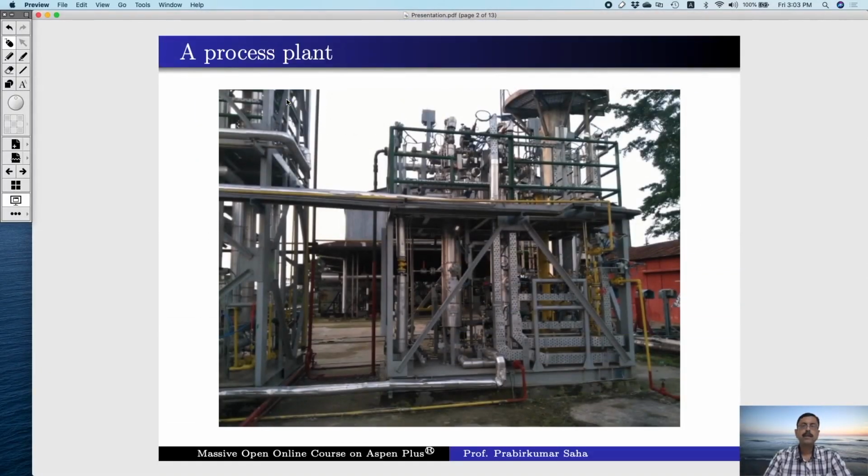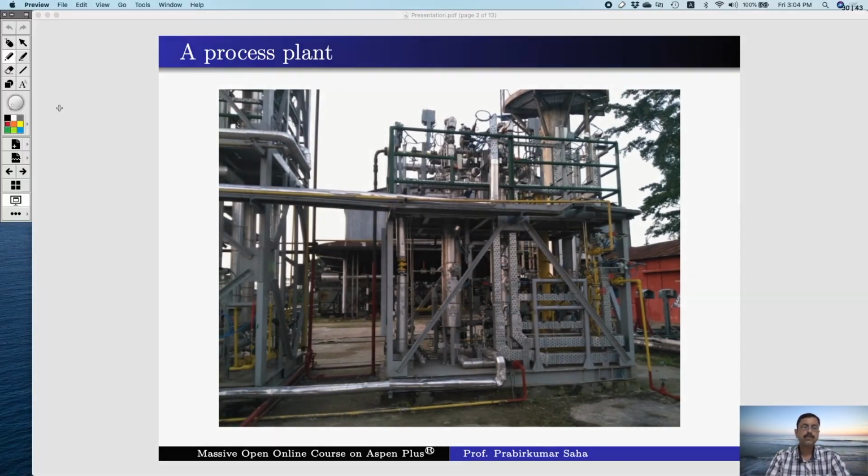Let us consider this process plant. Now, this is not actually a full-fledged plant, rather it's a small unit of a large plant. Now I will explain the individual equipment that are present over here.